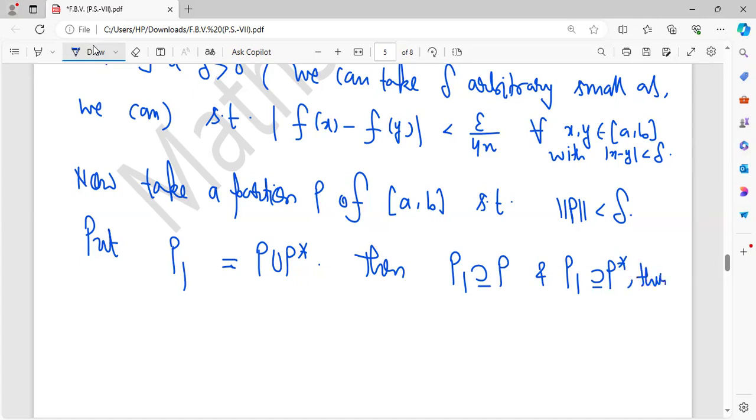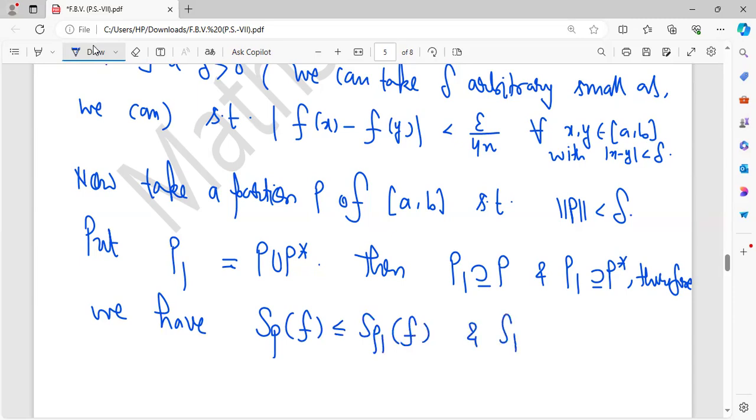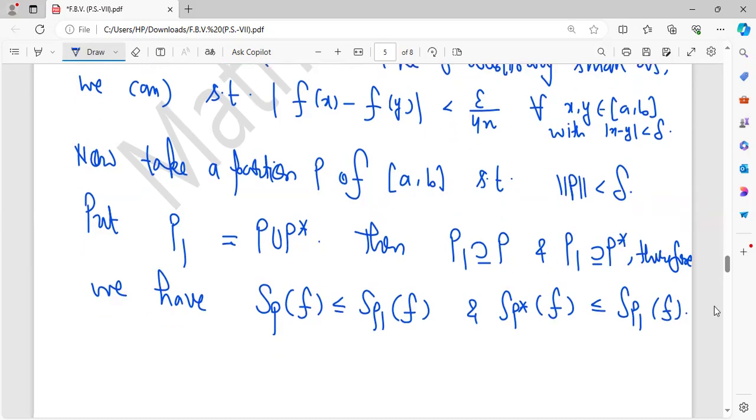Therefore, we have S_P f is less than S_P1 f, and S_P* f is also less than S_P1 f. Okay. Because P1 is a superset of P and P star.